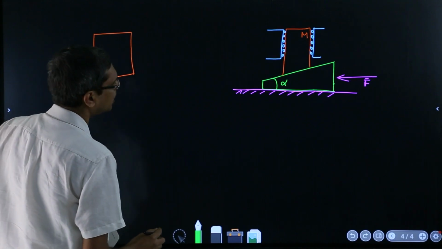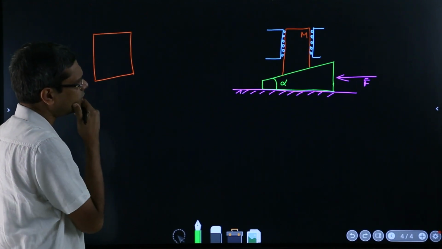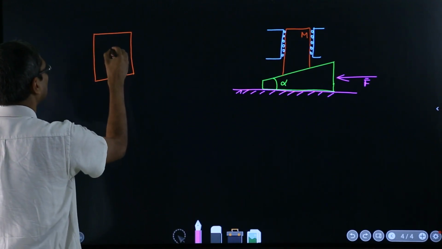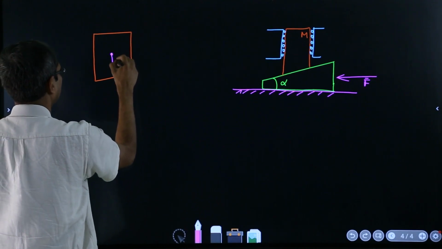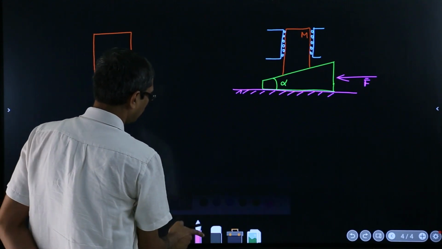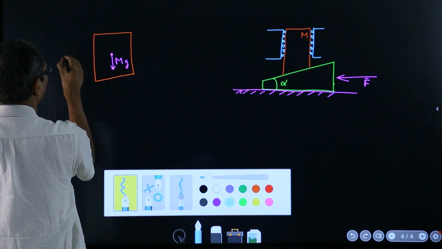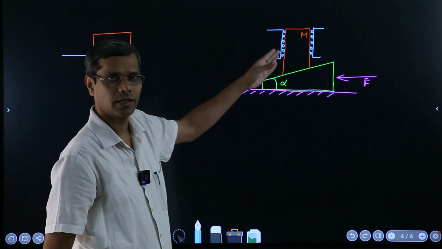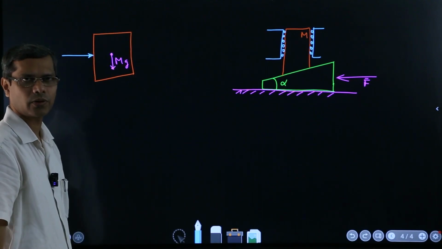Now if this is the free body, from where will all the forces come? Let's see. One force is coming from gravity, that is m times g. Then another force will come from the wall, and because it's frictionless, the force from that side is perpendicular to it.